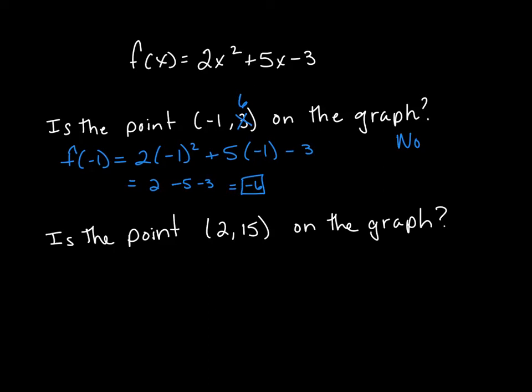So do the same thing for the next one. This time just plugging in 2. I would get 2 times quantity of 2 squared plus 5 times 2 minus 3.